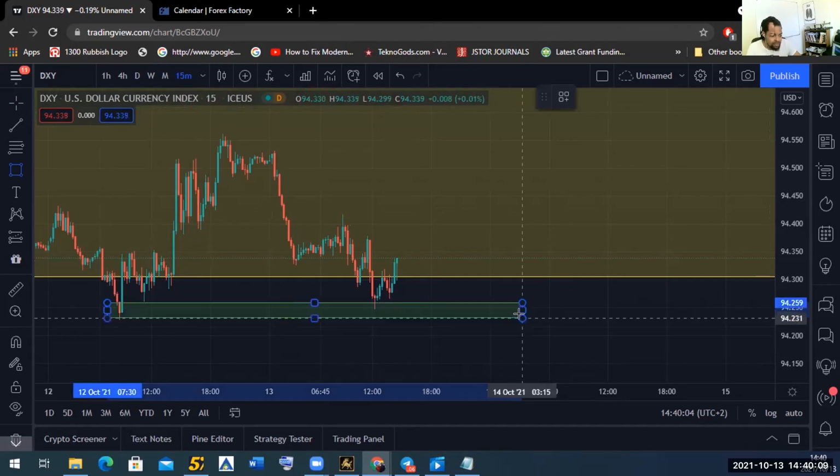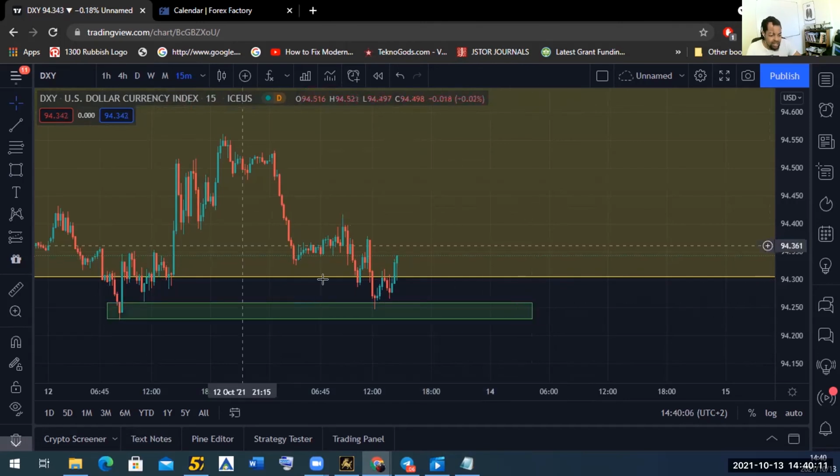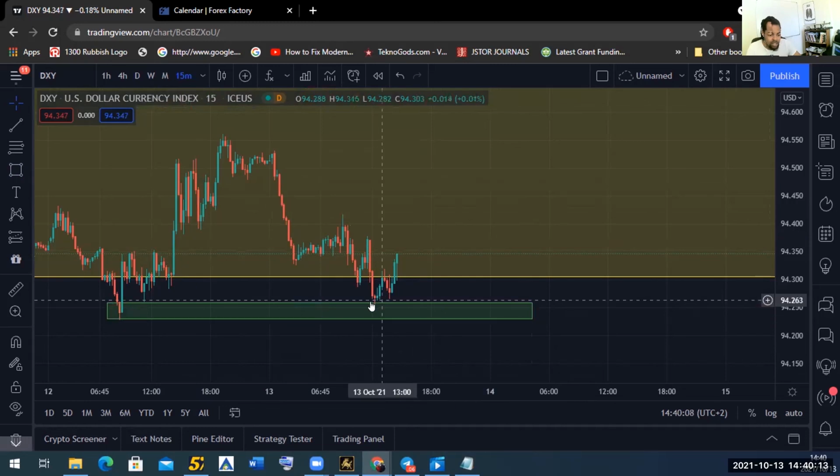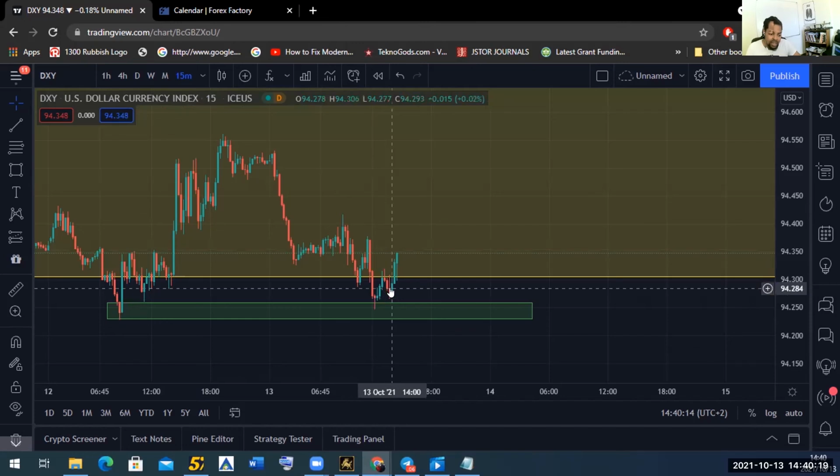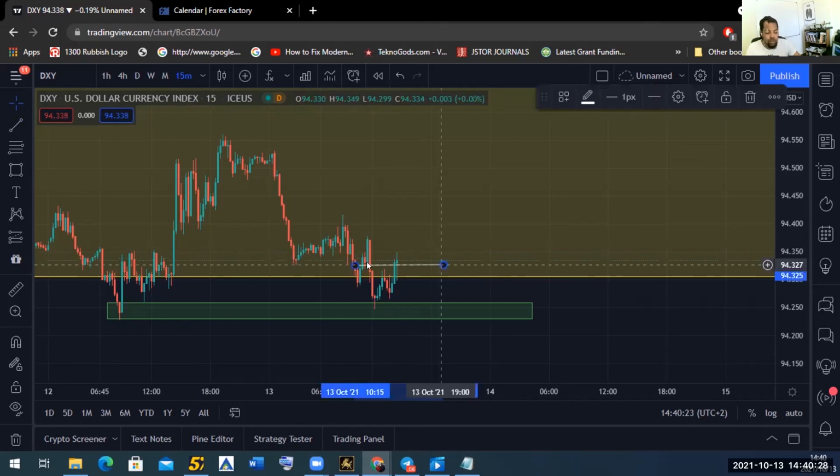So this is the 15 minute chart, just outside this daily supply. Markets got here at 12:15, and then came back in after giving a beautiful imbalance. Then 2 o'clock, 2:15, 2:30, this is the news event happening right now into the same supply situation that we saw on USD CAD.